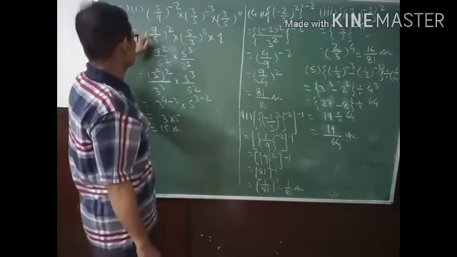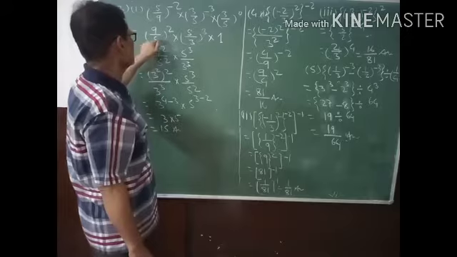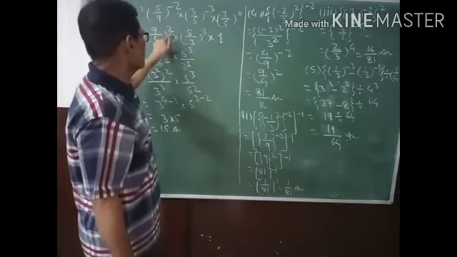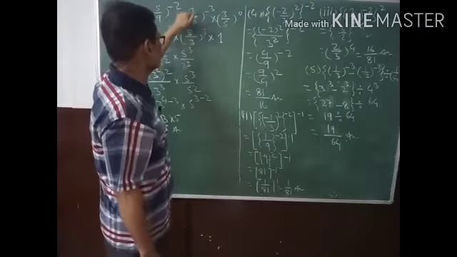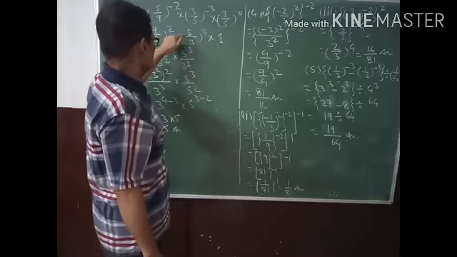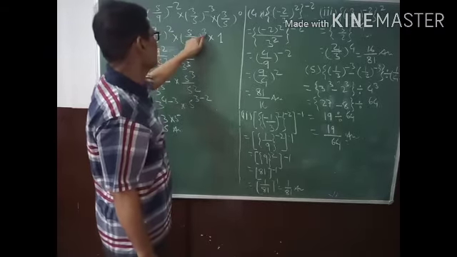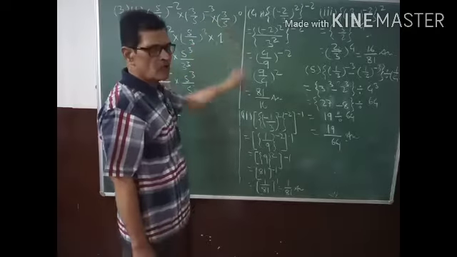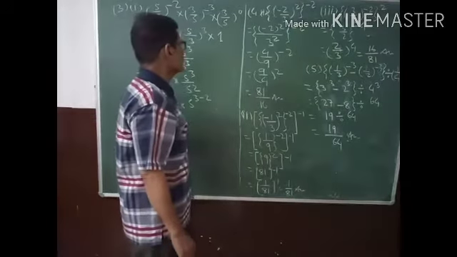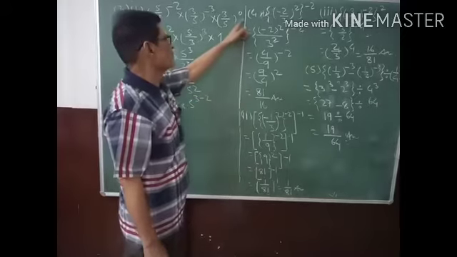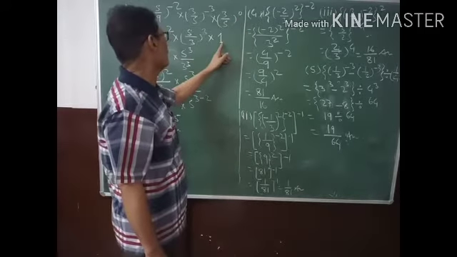Automatically, this will become 9 by 5 to the square, and this can be written as 5 by 3 to the power 3, and you know any rational number which is raised to the power 0 will become 1.